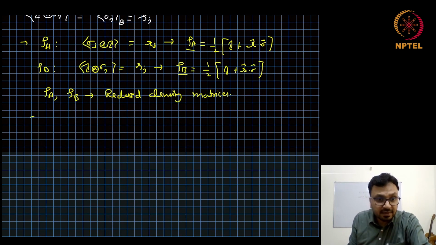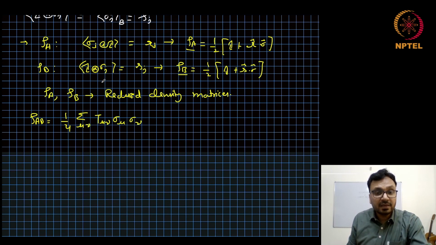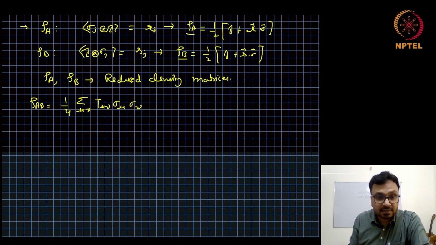And we have rho AB, the total state, which is 1 over 4, sum over mu nu, T mu nu, sigma mu tensor sigma nu. Now, what will happen if we take the trace over subsystem B?